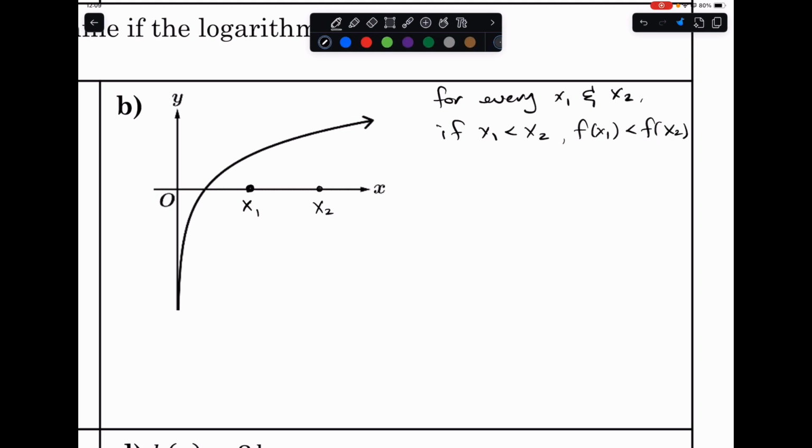So y1 has to be smaller than y2. y1 has to be lower than y2, which is true. y1 is lower than y2.